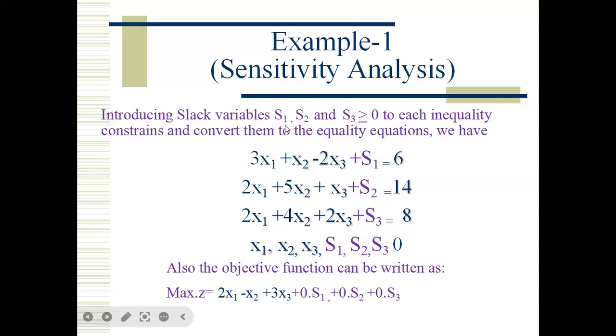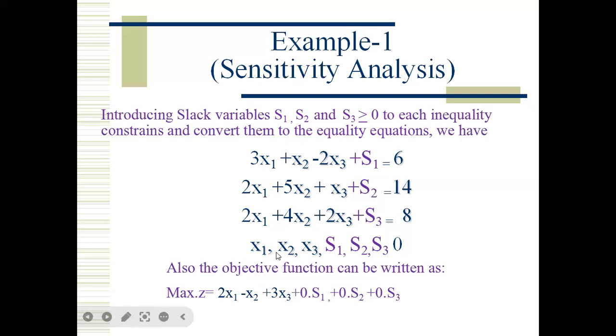Now we introduce three slack variables s1, s2, s3, which must be non-negative, to each inequality constraint and convert them to equality equations like this. The first constraint plus s1 equals 6, the second constraint plus the second slack variable s2 equals 14, and the third constraint plus the third slack variable s3 equals 8.